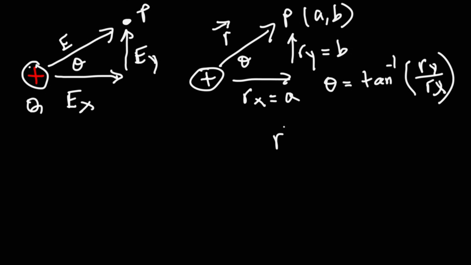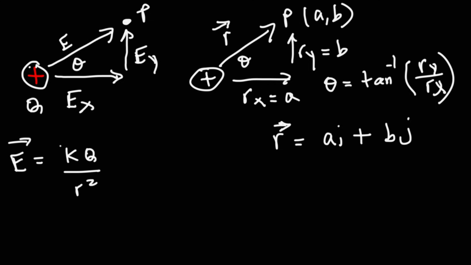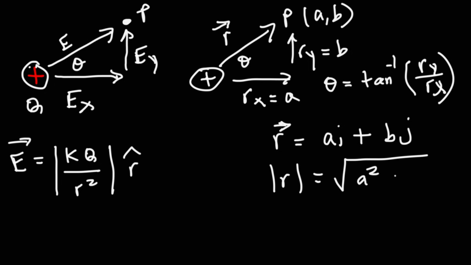And the position vector, which starts from the origin and is directed to some point P, is going to be ai plus bj. The electric field vector is going to be the magnitude of the electric field, kQ over r squared, times r hat. And remember, r hat is simply a unit vector whose length is 1. The magnitude of r is going to be the square root of a squared plus b squared.